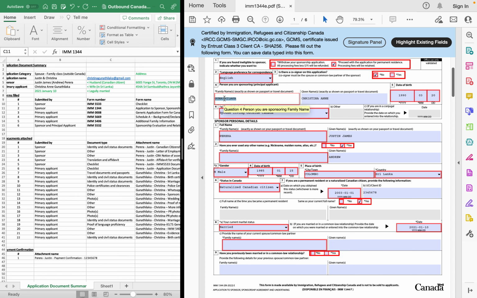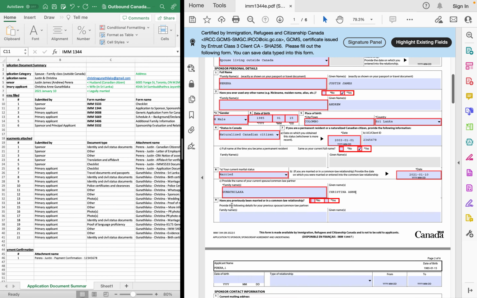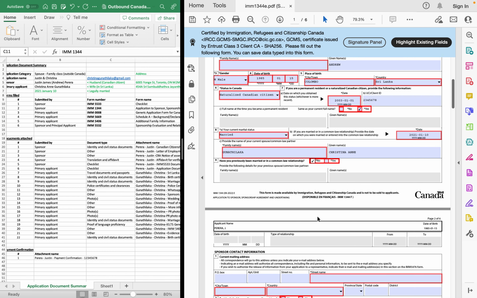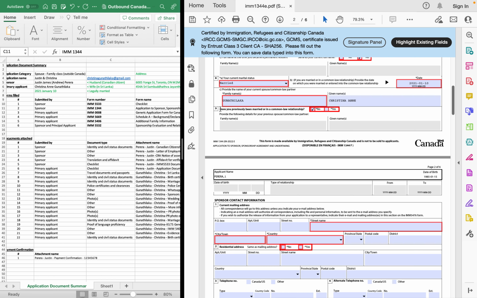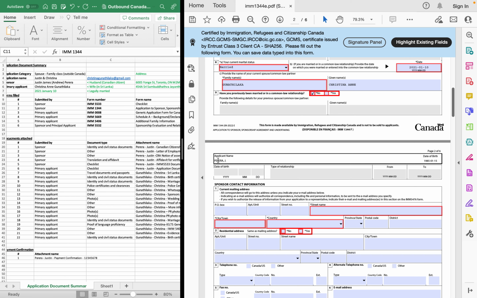Copy, paste. Then, have you previously been married or in a common law relationship? In my case, it was not the case, so you simply have to put no. And if it was the case, then it will ask for that person's details. Note that the applicant name and these fields are automatically updated.